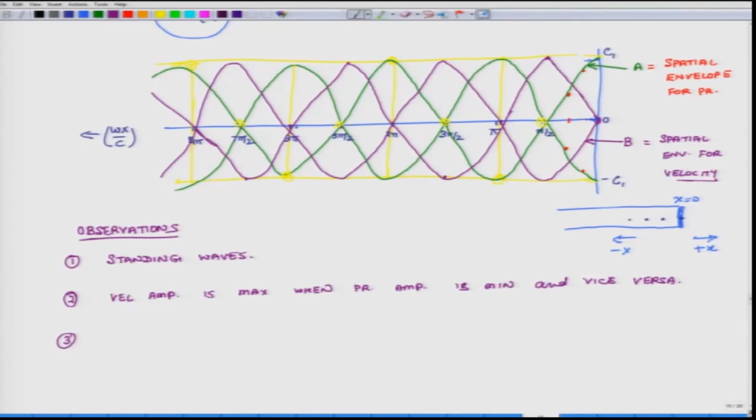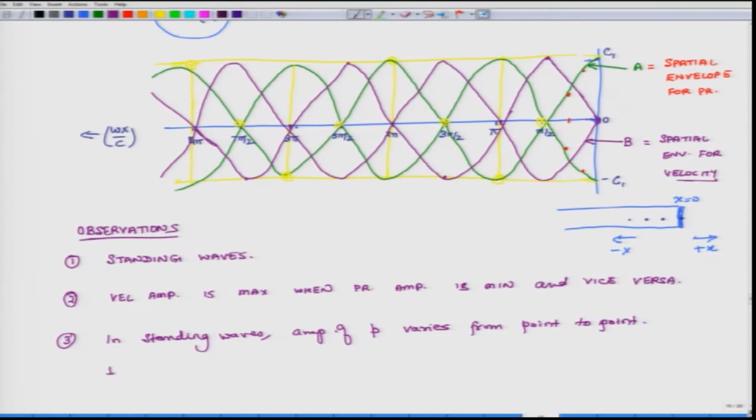The third thing is that in standing waves, the amplitude of pressure varies from point to point, depending on the position.